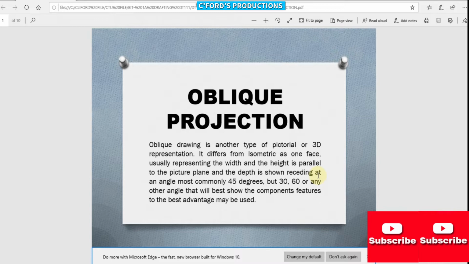But you can also use 30 and 60 degree angles, or any other angle.